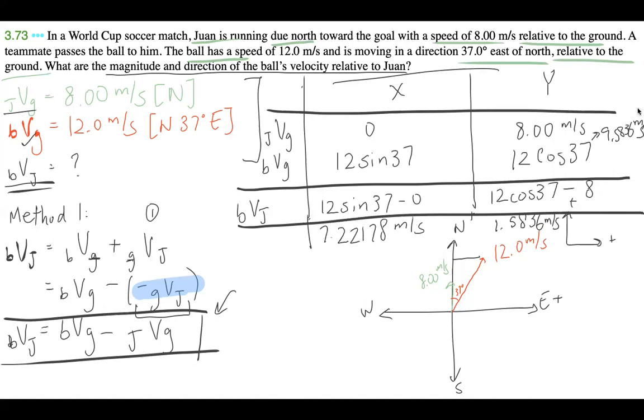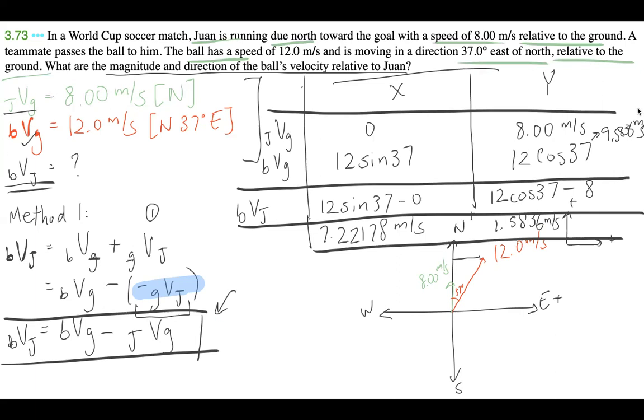Okay, now the next thing we have to do is we recognize that we have our x component and our y component. And they're both positive, which means that they're going to be in this quadrant right over here. So let me go ahead and draw another north and east, but let's just draw our triangle.